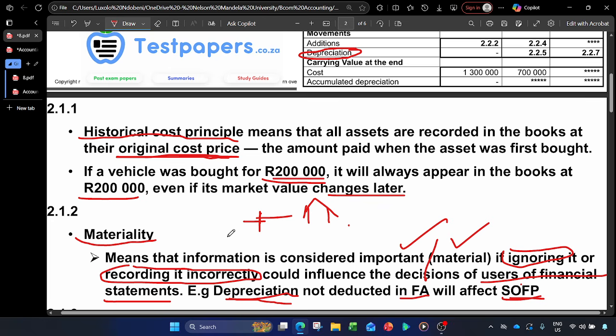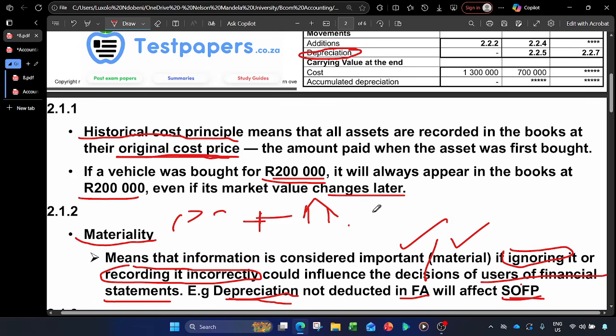So this means that the information is considered as important or material if you ignore it or you calculated it incorrectly, it could influence the decision of the users of information. So let's say for example, in your profit, when you're doing the income statement, you made a loss by a mistake, because when you say minus the interest expense, you said minus 1 million, of which the interest expense was 1000, but you made a financial error and you said minus 1 million, and you will get not a profit but you will get a loss.